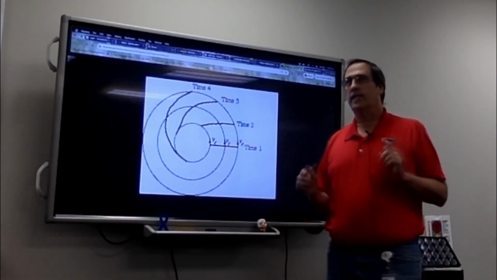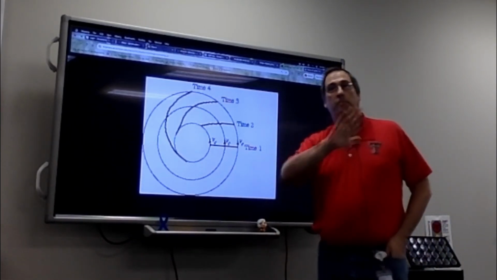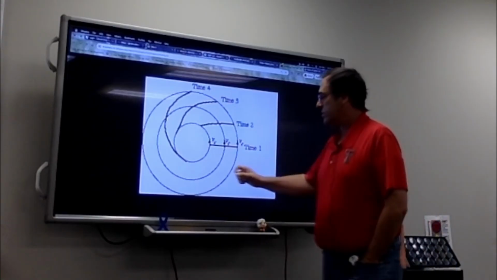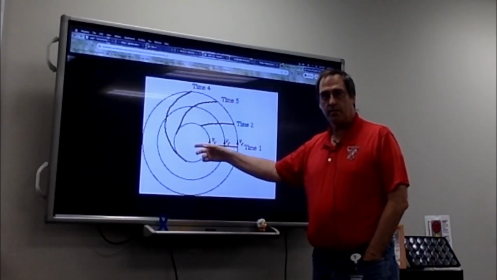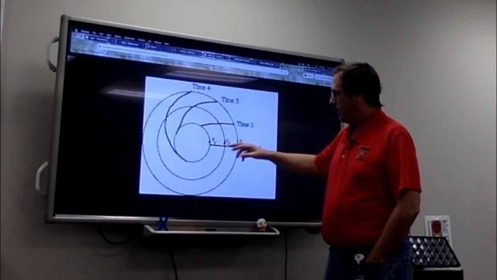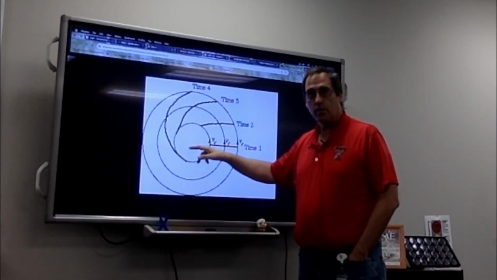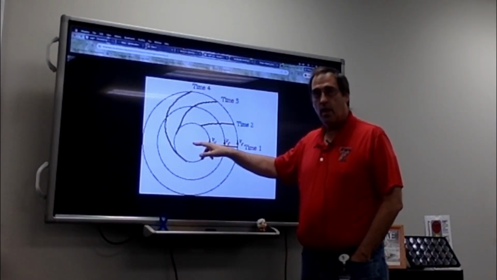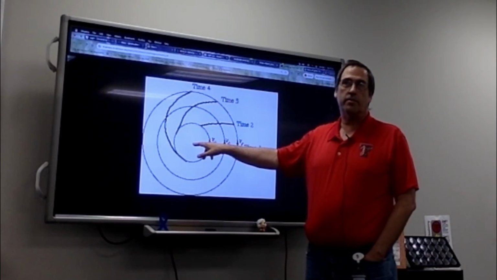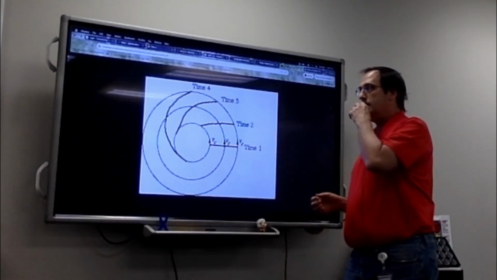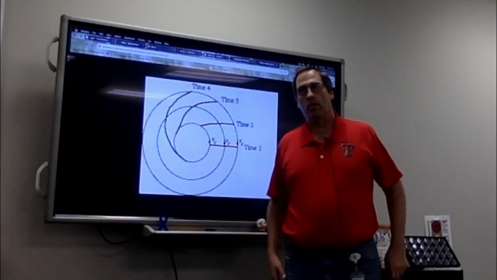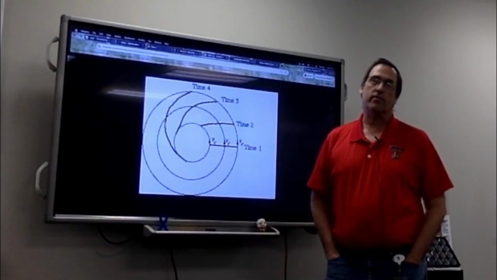And Kepler's law says, and I'm paraphrasing, that because everything's going to be elliptical, objects that are closer to the center have to be moving faster, because otherwise they'd fall into that center of gravity.